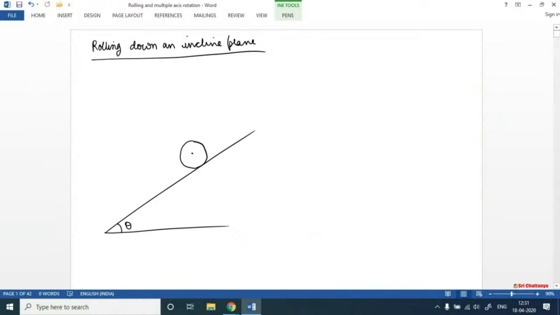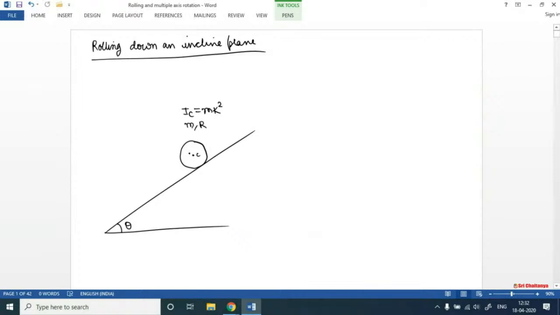Let's say this is its center, its mass m and radius r, and its moment of inertia about an axis passing through its center of mass is mk square. We are very well aware of the physical quantity k square by r square, what is its value for different round bodies. So these are the parameters that have been given to us.